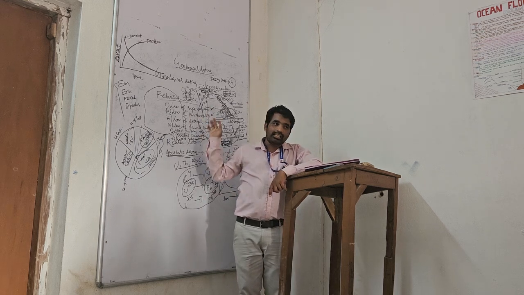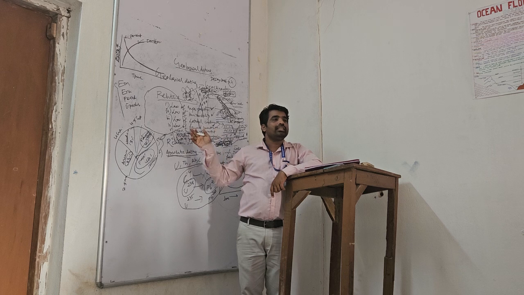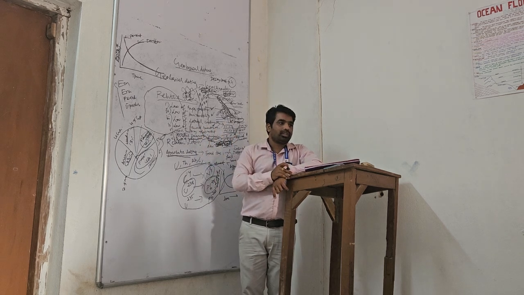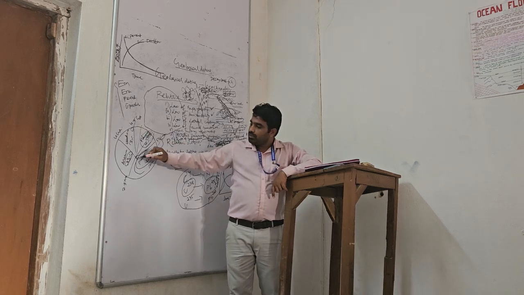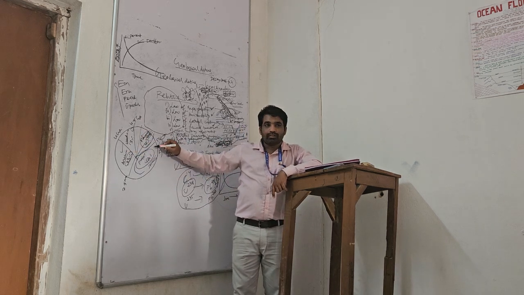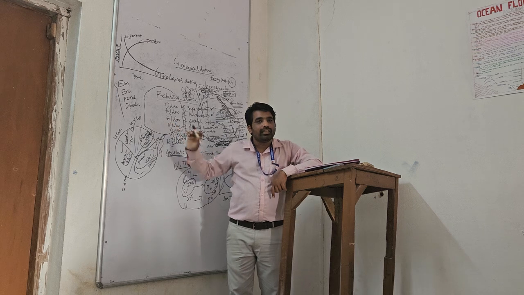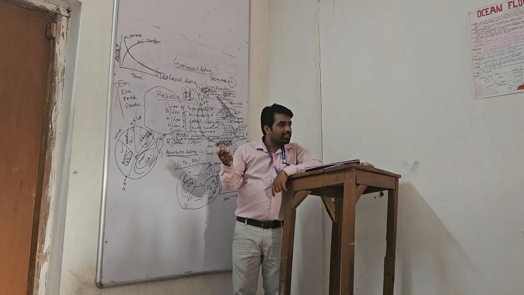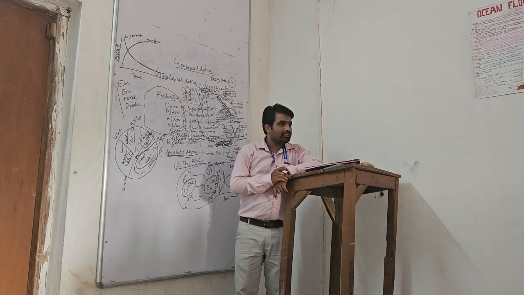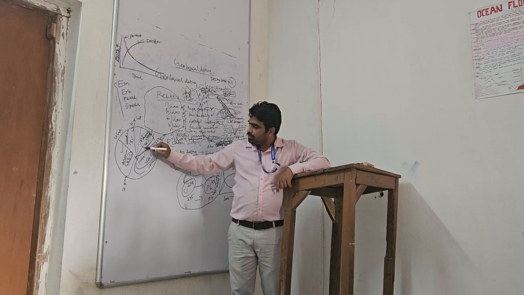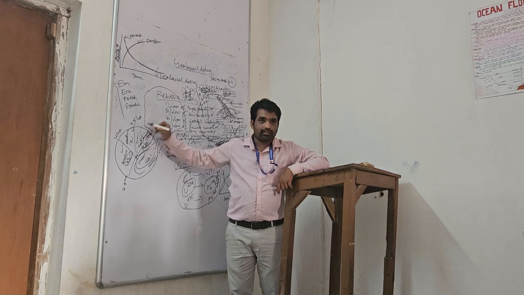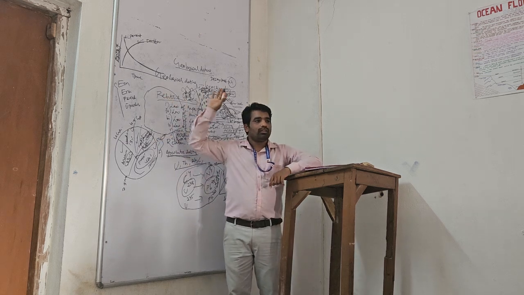By using this dating method, we can easily say which event took place during which time: which during Hadean, which during Archean, which during Proterozoic, and which during Phanerozoic. Phanerozoic means Paleozoic, Mesozoic, Cenozoic.